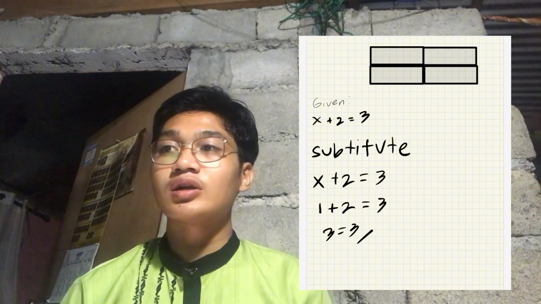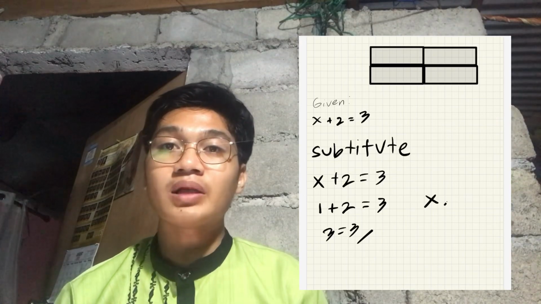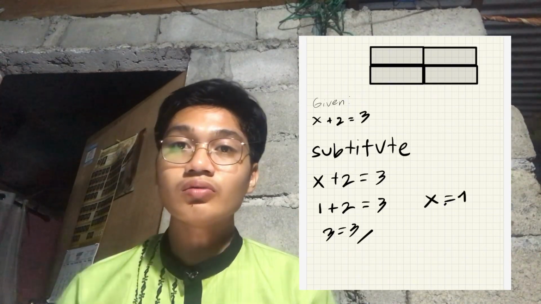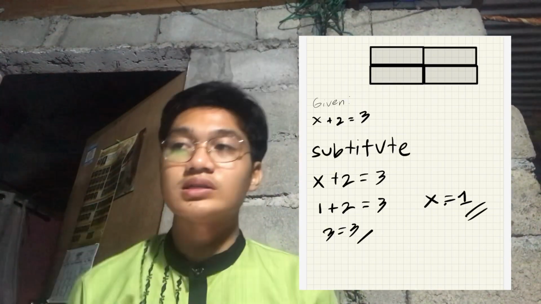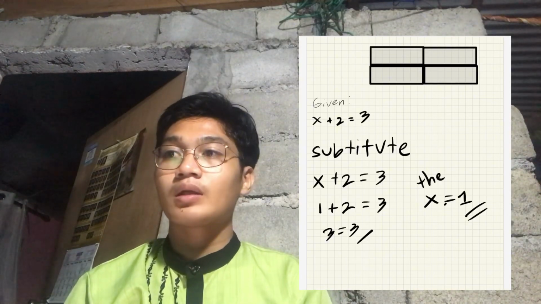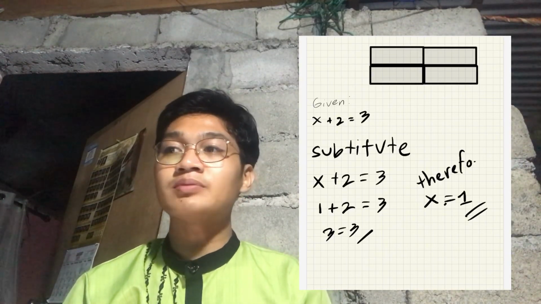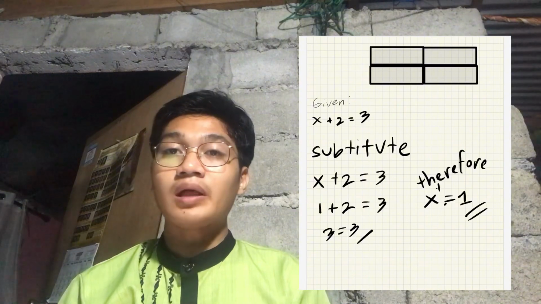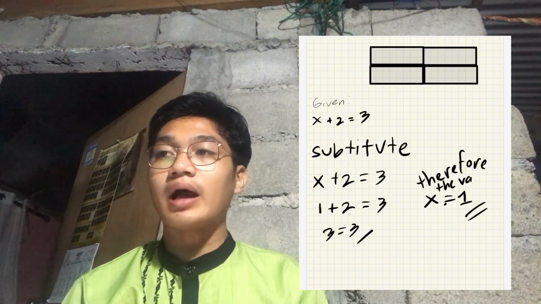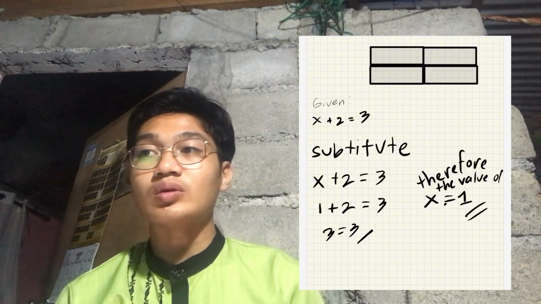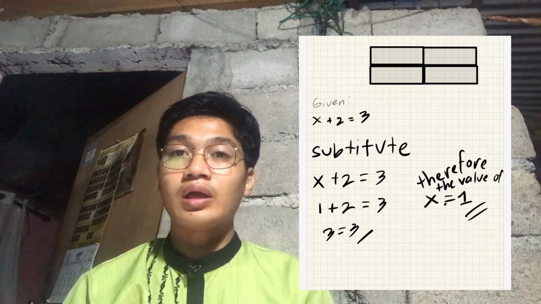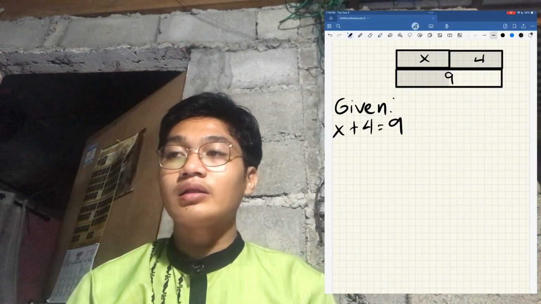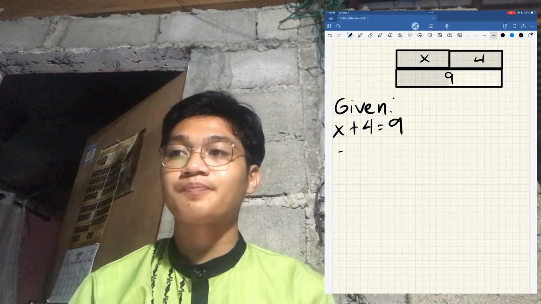So therefore, the given is x plus 2 is equal to 3. Using substitution, x is equal to 1, 1 plus 2 is equal to 3. So if we are checking, 3 is equal to 3.